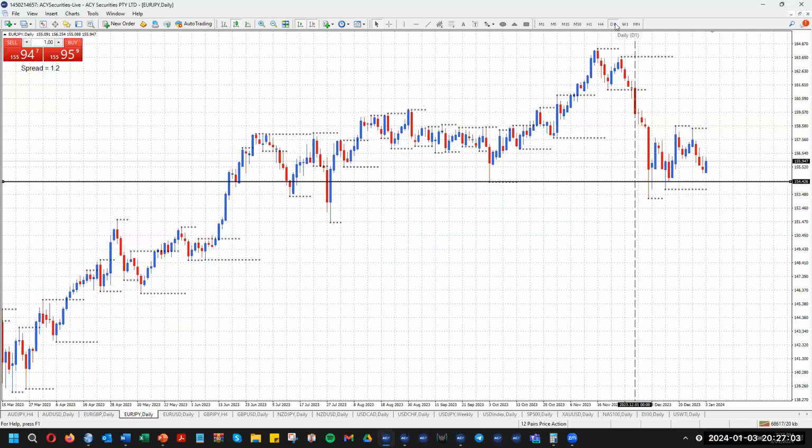Just want to go to the daily. And just want to discuss, we were getting held on weekly supports. And we had a very solid break below this level of support here.